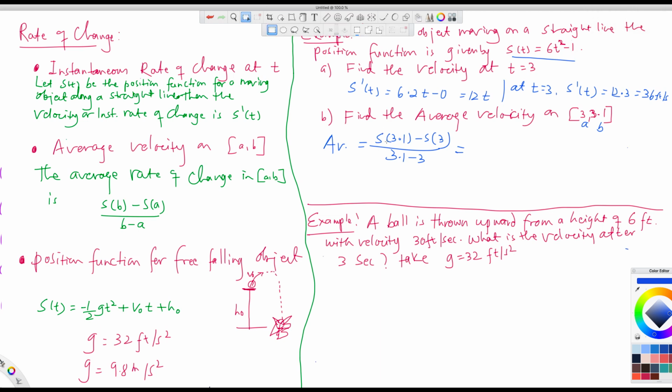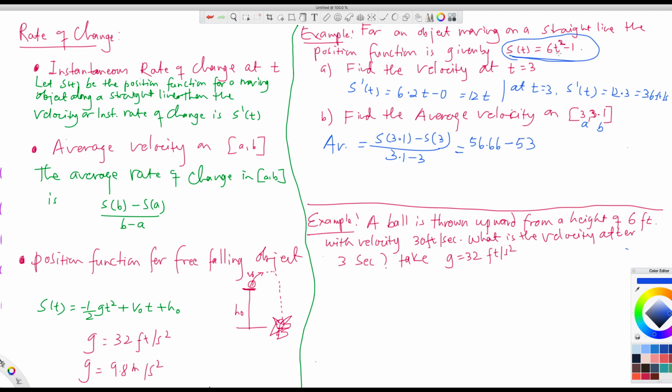To find s at 3.1, this is the s function, and you plug in t equals 3.1. What do you get? You will get 56.66, and then minus s at 3. What do you get? You will get 53.